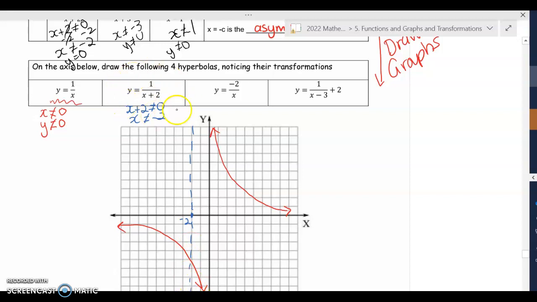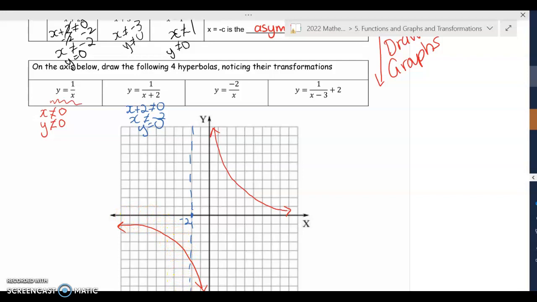We haven't changed or played around with y, so y cannot equal 0 is also an asymptote, and that's our x-axis, okay? Because y is 0 down here, y is 0 along all there, and all there. So that's our asymptote, y is 0. So what this graph is going to look like is it's going to cut through here. It's going to go down here as well.